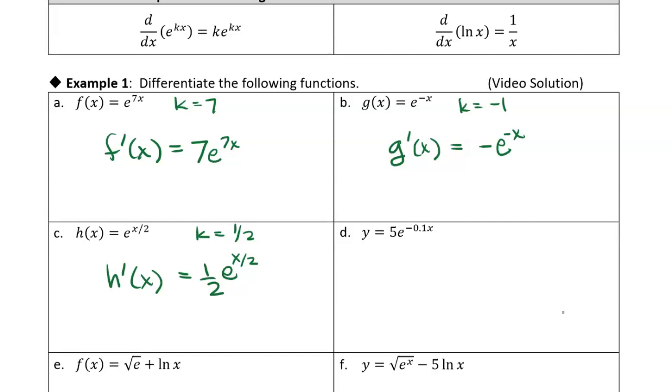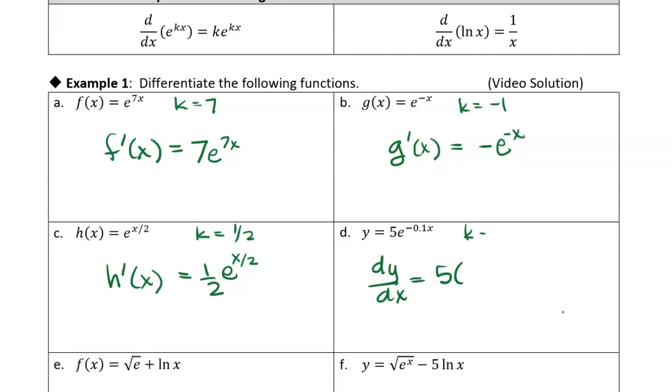And that's it. Here we have a constant multiple of an exponential function. So you just have to remember that the derivative of a constant multiple of a function is the constant multiple times the derivative. So we're going to find dy dx, and we're going to leave the 5, and then we're going to bring down the k.